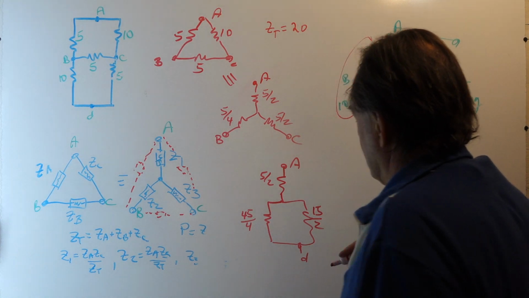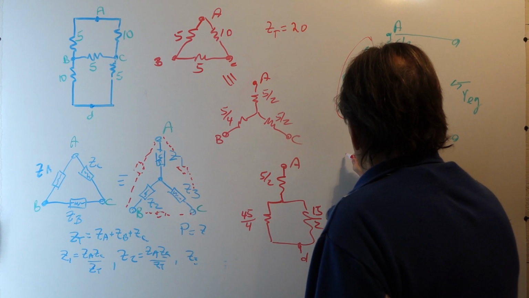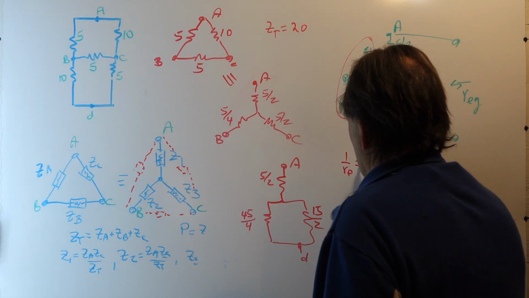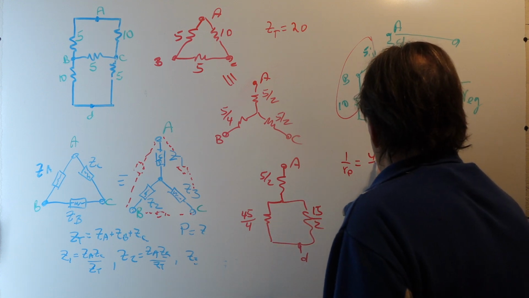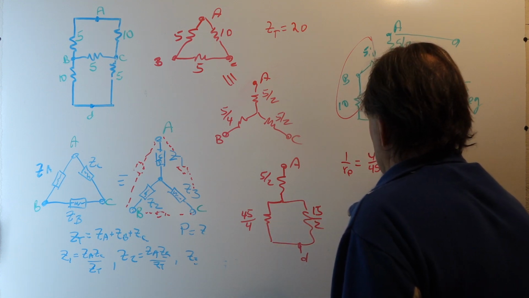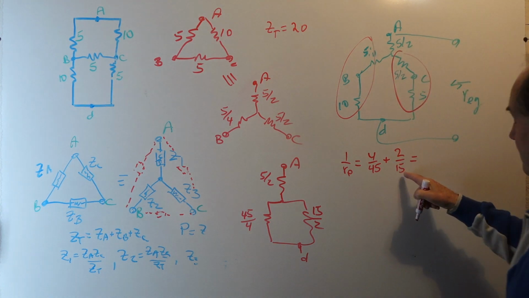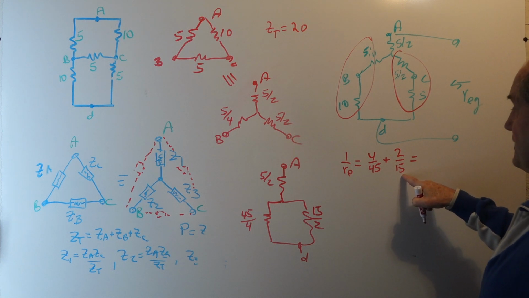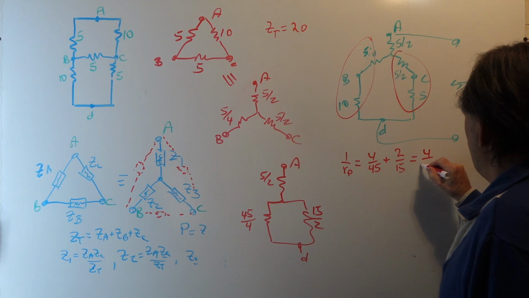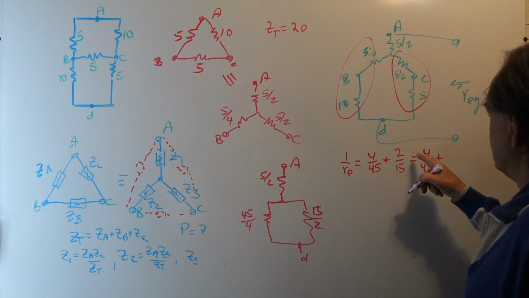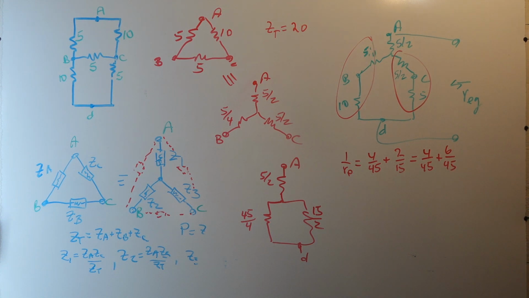Well, with the parallel combination, we can either do the reciprocals that say 1 over R parallel is the sum of the conductances, which is 4/45 plus 2/15. But 3 times 15 is 45, so this becomes 4/45 plus 3 times 2 is 6 over 45.